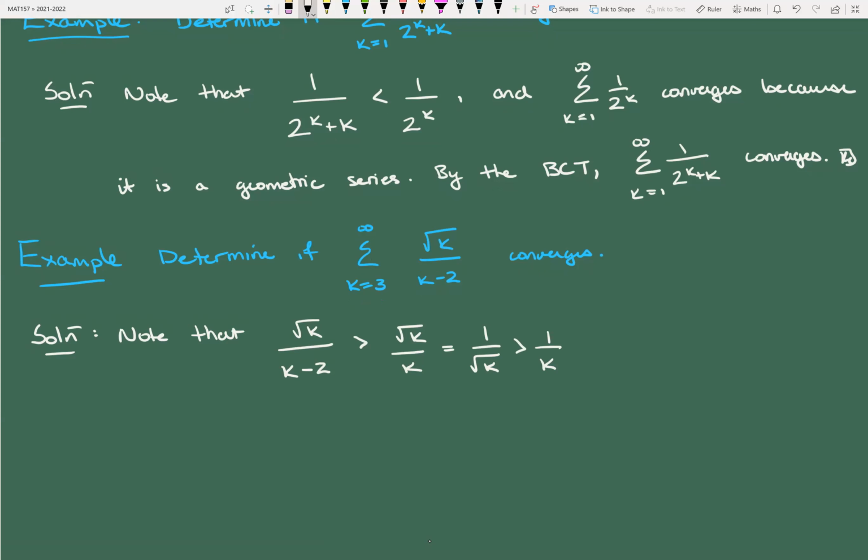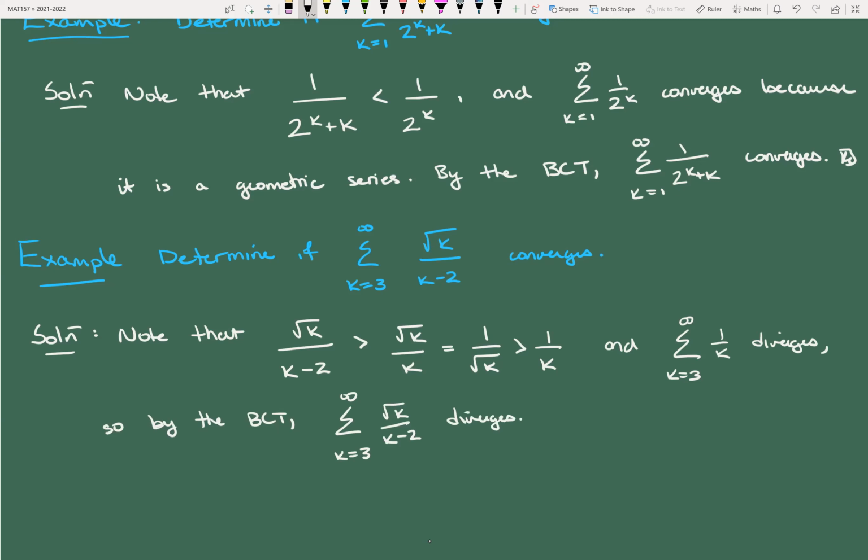So 1 over root 10 is greater than 1 over 10. Yeah, that should be fine. And this thing diverges, right? I guess we should say k from 3 to infinity, but whatever. So by the BCT, it diverges like that.